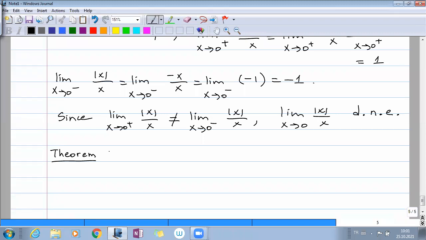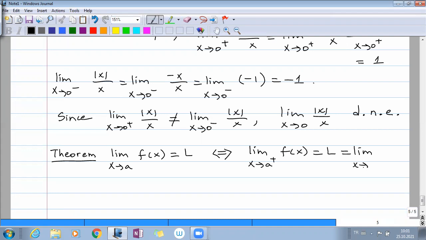that this is true. The limit as x approaches a of a function f is the number L if and only if the right limit is this number and also the left limit is this number.